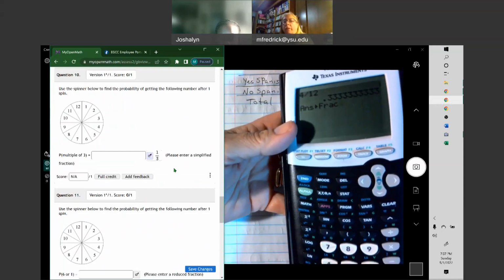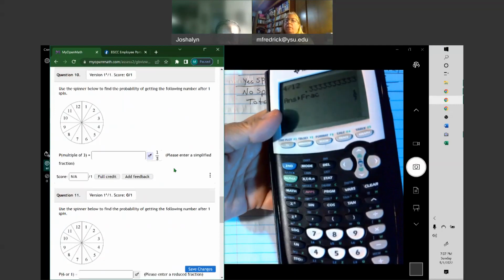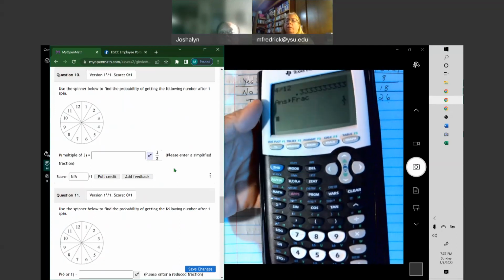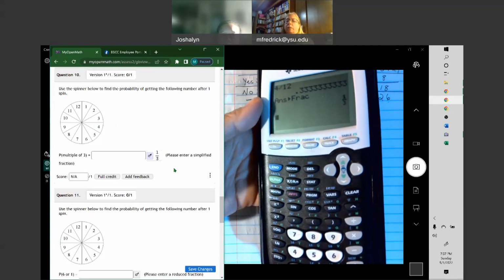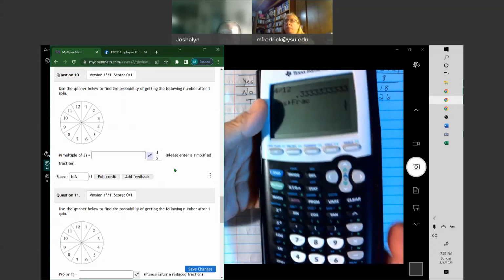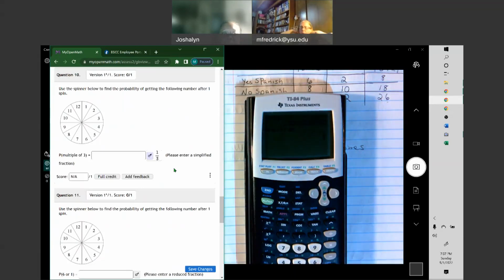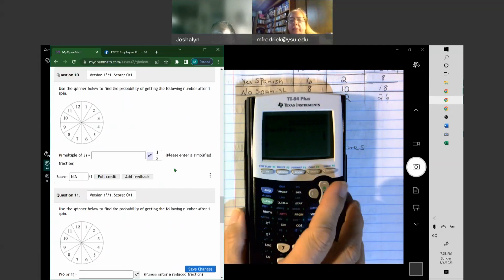If you hit enter twice, it reduces it. Wow. Okay, you saw that. Yeah, it's a nice one, especially when some of the fractions were really large and they wanted them reduced. That was a nice little way of doing it. This one's not too bad, but some of them.